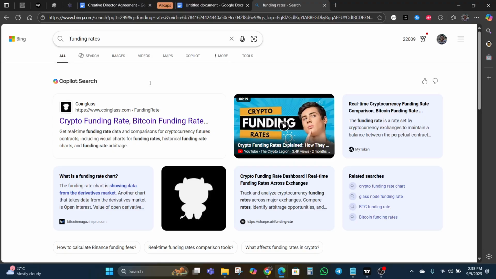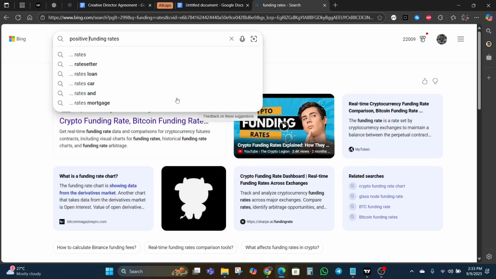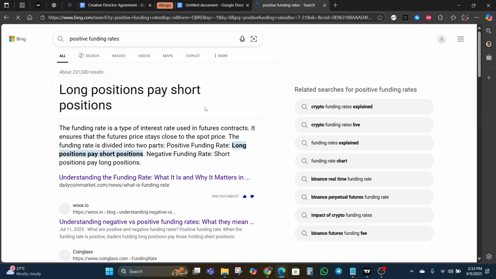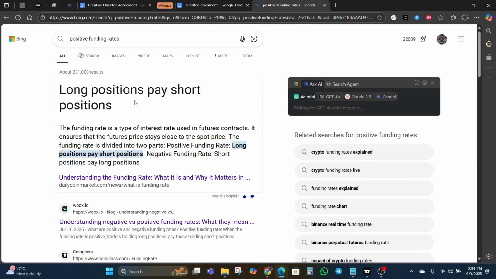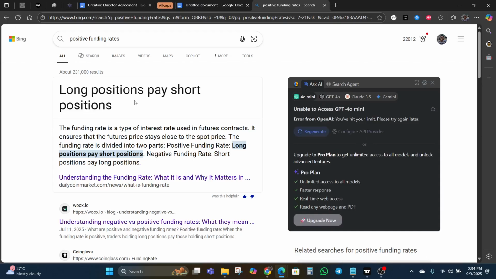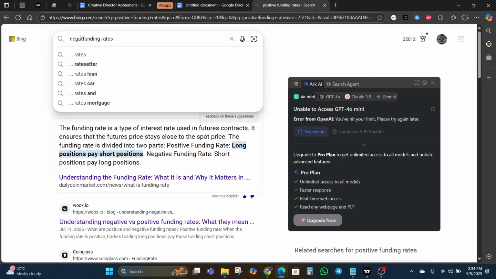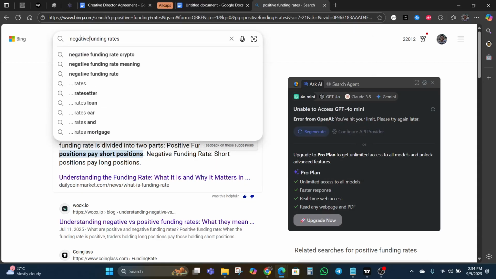So let's quickly look at this. As you can see, the long traders pay the short traders, right? So it means that there are more long positions.